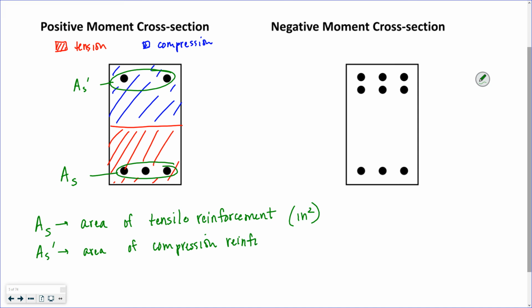I take those 2 rods, add the cross-sectional areas together, and I come up with my area of compressive reinforcement.